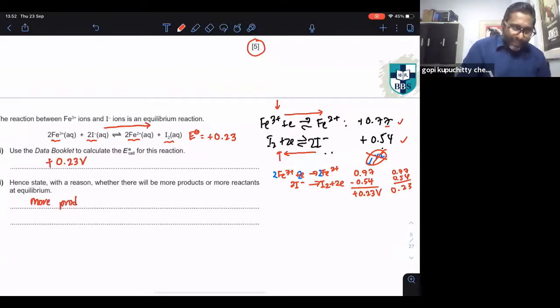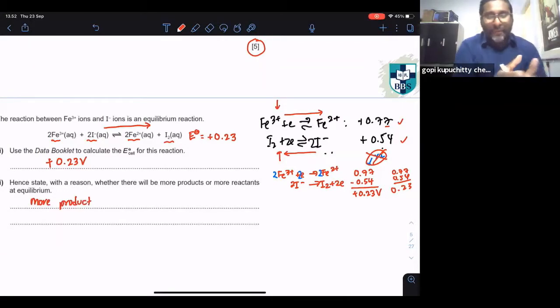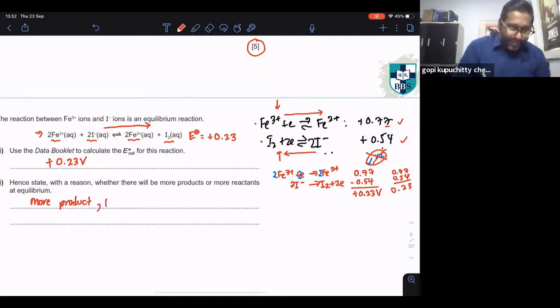You can identify based on the full equation, or you can even identify directly from the half equations. Up to you. But in this case, this is going to be 0.23 positive value, so they will be more towards the right. So more product, and explain the reason: because the E value is positive.